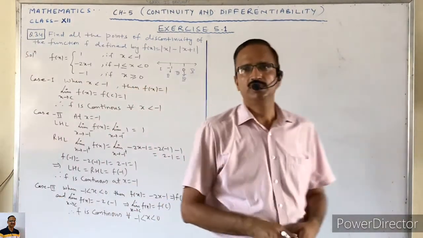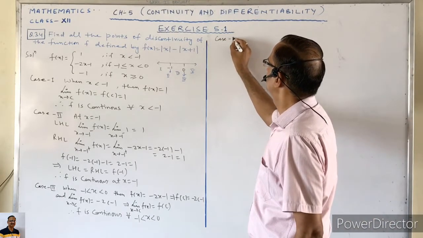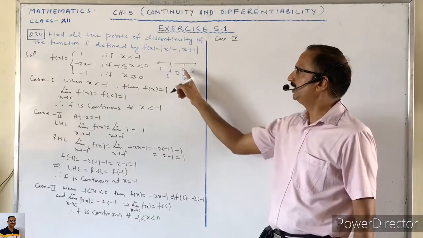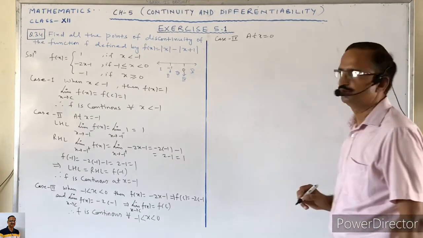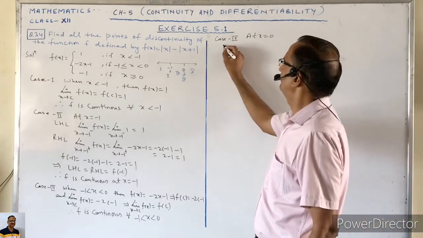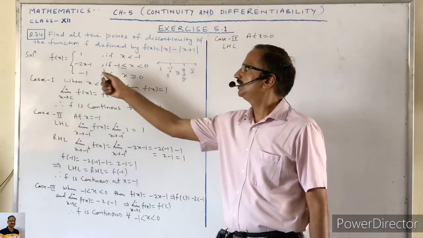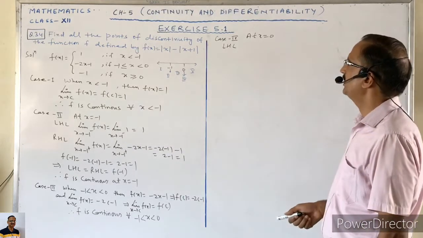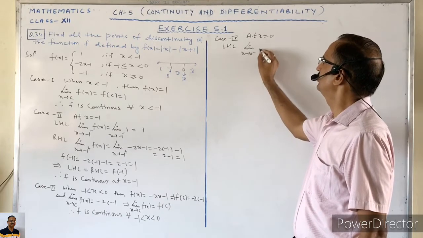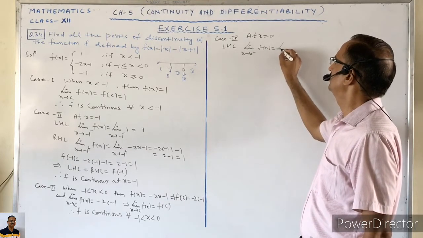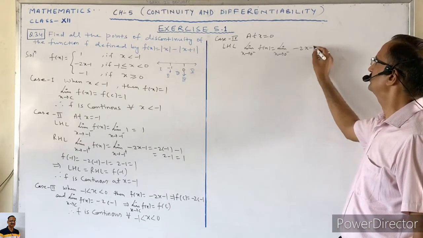Now come to case 4. So case 4 means at x equal to 0. So we will find the left hand limit. So when x is less than 0, then the function is minus 2x minus 1. So we can write limit x tends to 0 minus f(x) equals limit x tends to 0 minus, and the function is minus 2x minus 1.